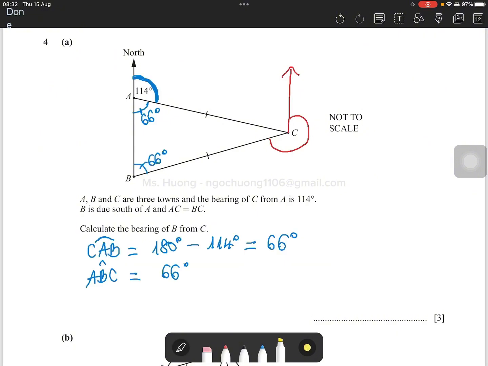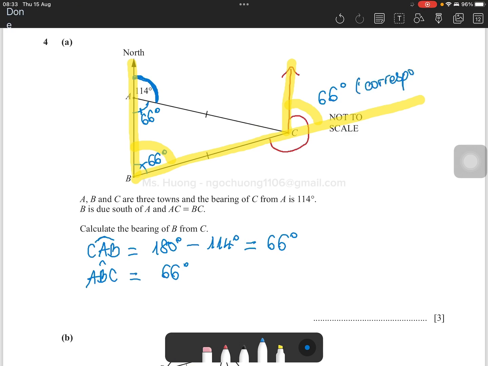Now to find the bearing of B from C, you should notice that this line and this line are 2 parallel lines. So if I extend this, you will see these are the 2 corresponding angles. So if ABC is equal to 66 degrees, then this one is also 66 degrees because they are corresponding angles.